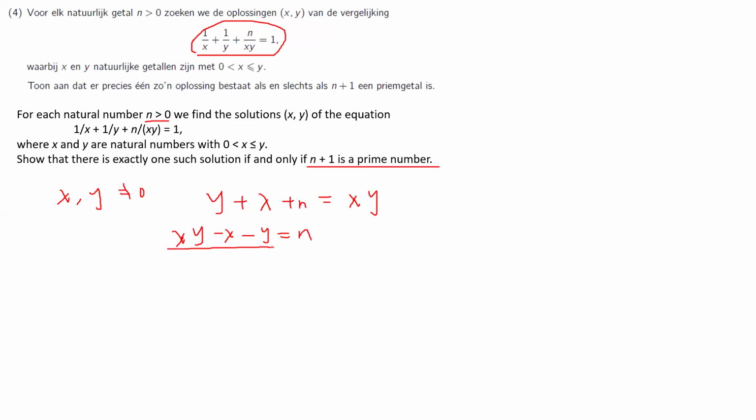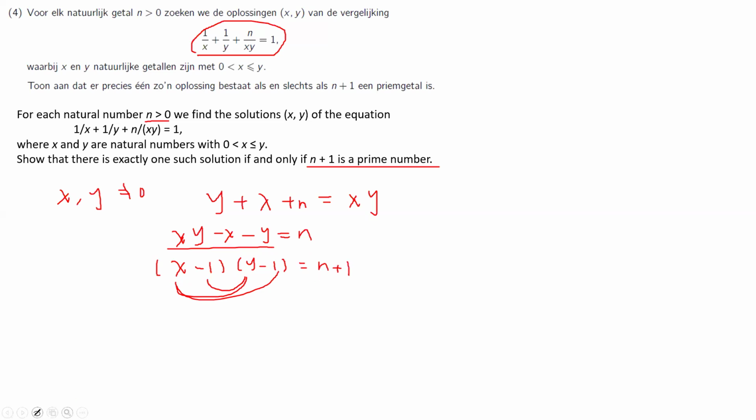So the next step is the key to the answer. We try to factorize the left part. So we can have x minus 1 times y minus 1. It gives exactly the first three terms, x y minus x minus y, but plus 1. We don't have plus 1 on the left, so that means we have to add 1 on the right as well.